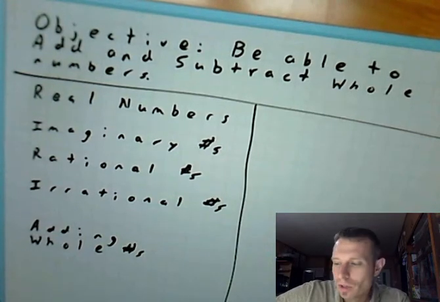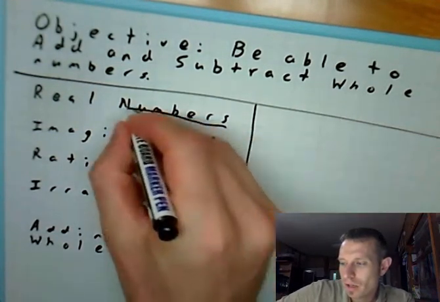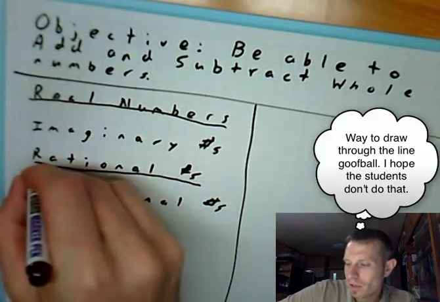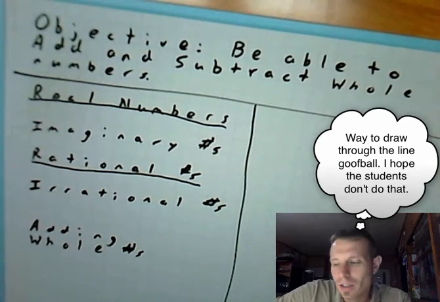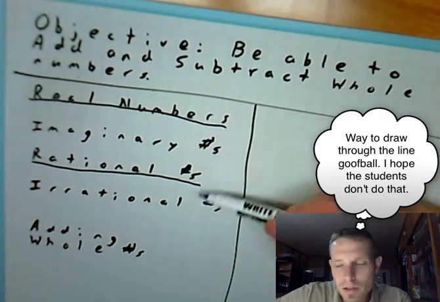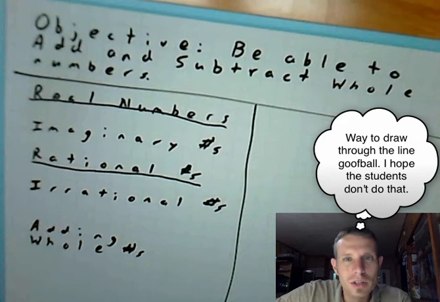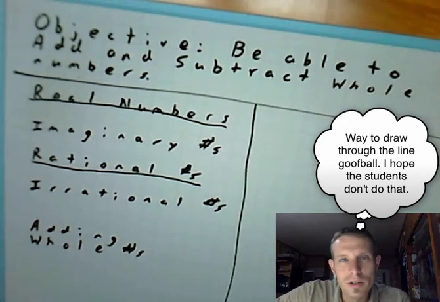The two main definitions that you need to know are rational numbers and real numbers. I added imaginary numbers and irrational numbers just to help explain what those other terms mean.